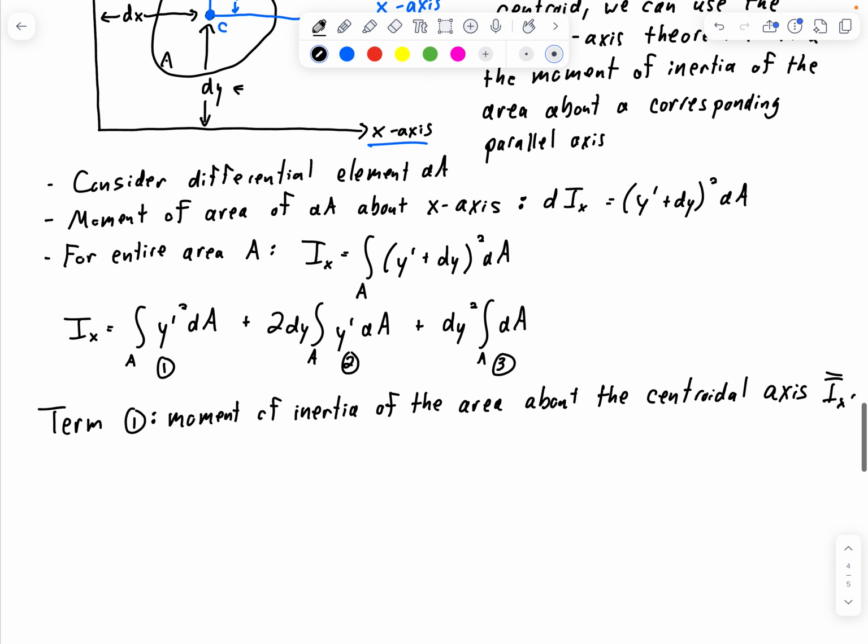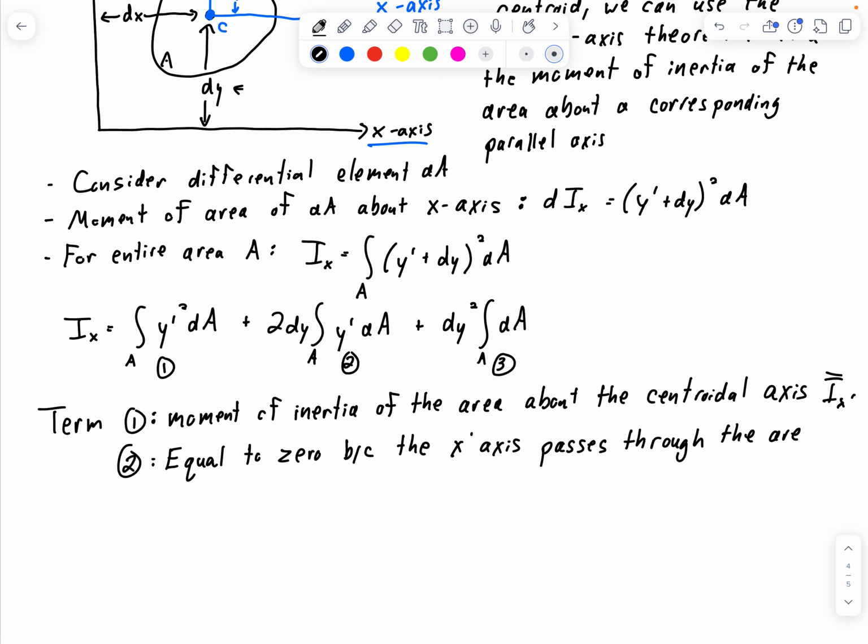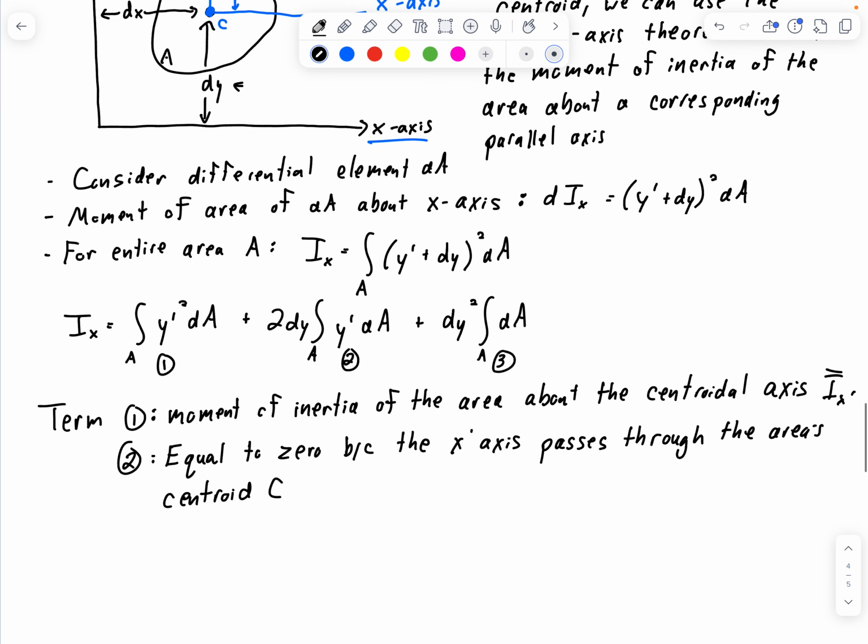The second term is equal to zero, because we know that the x prime axis, the centroidal axis, passes through the centroid, so it passes through the area.